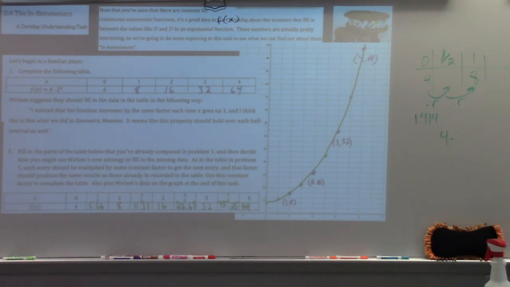So 4 times what? r squared is equal to 8, which implies that r squared is equal to 2, right? I'd have to multiply by 2 to get to 8, which makes sense. It was 4 times 2 raised to the x. And then what would I do at this point to solve this equation? Square root. So r is the square root of 2.